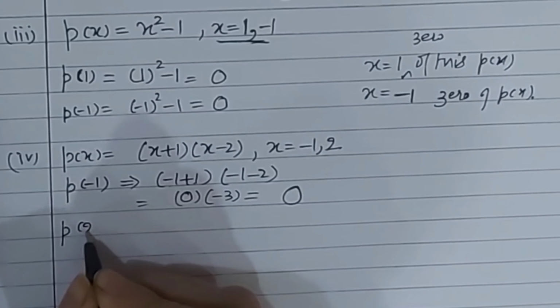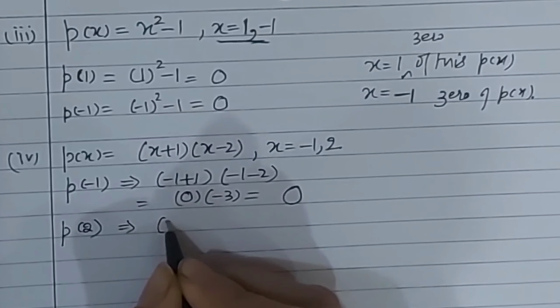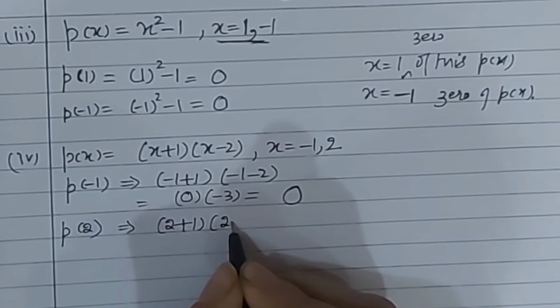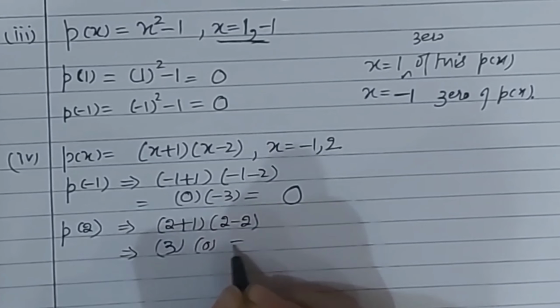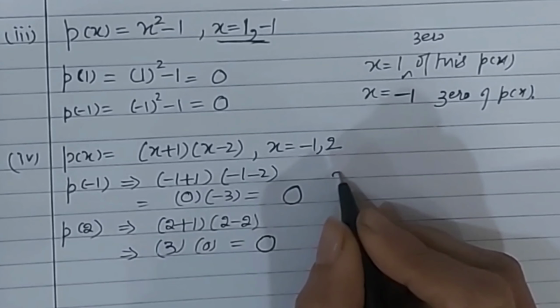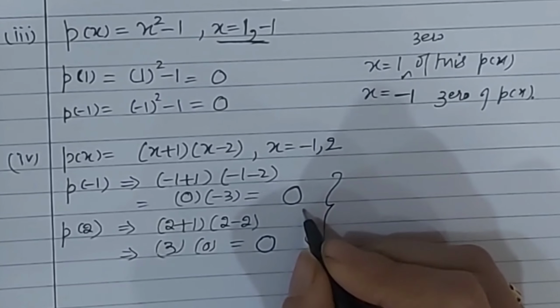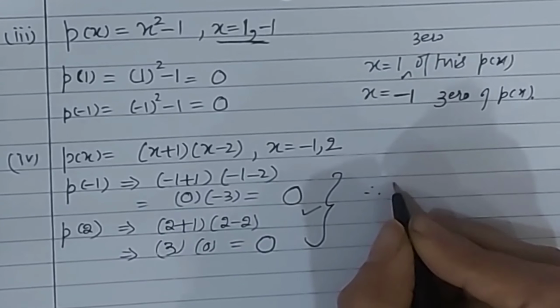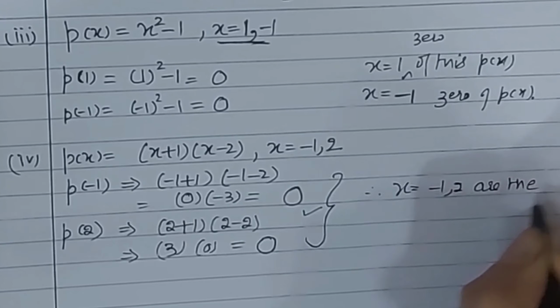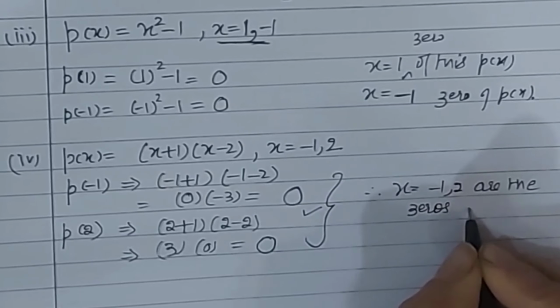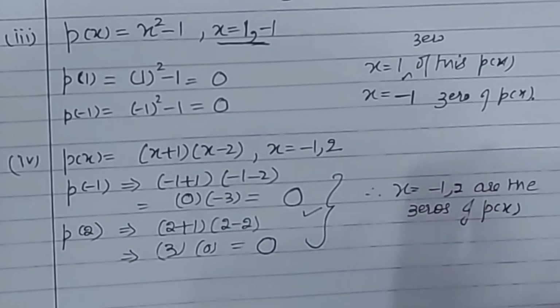Similarly, if we check for 2, 2 plus 1, 2 minus 2. Again, we are getting 0 in one bracket. That means the complete answer is 0. So in both the cases, we are having the value of p(x) as 0. Therefore, x is equal to minus 1 and 2 are the zeros of p(x). Like this we have to do.